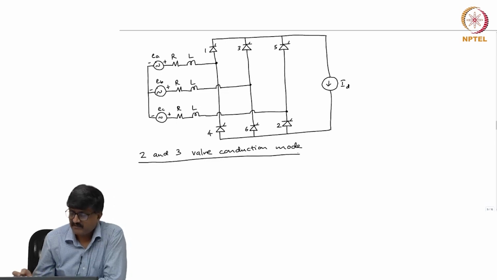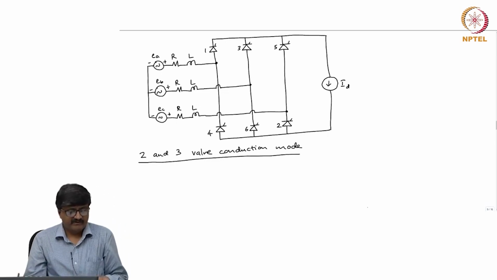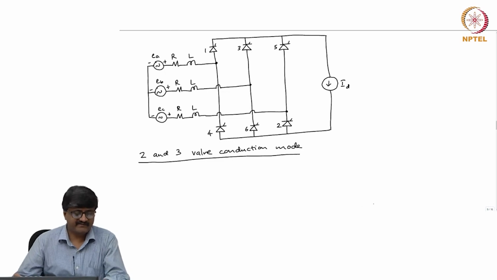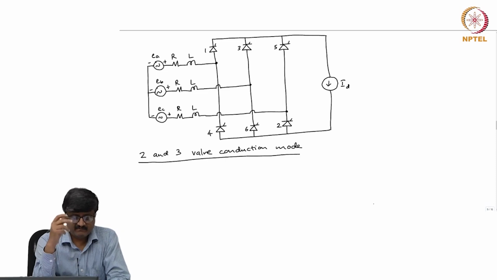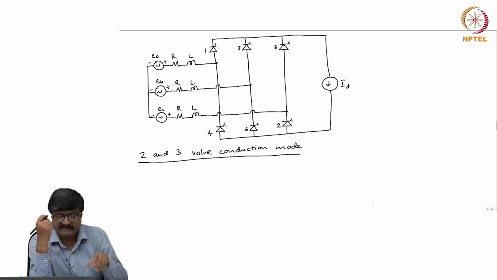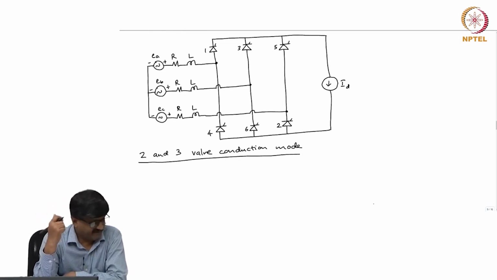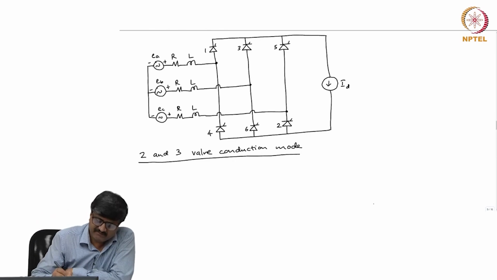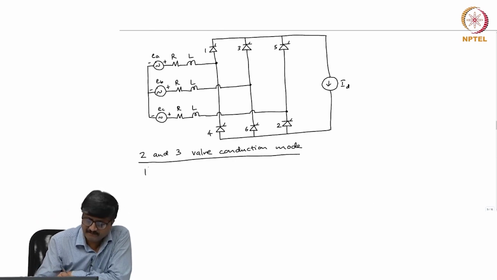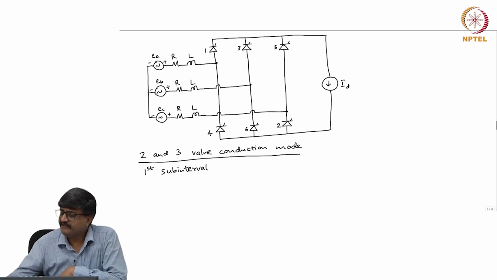I can take any cycle and each cycle will have 6 intervals and in each interval of duration 60 degrees I have 2 sub intervals. In the first sub interval 3 valves conduct and in the second sub interval 2 valves conduct. So, let me take the first sub interval.